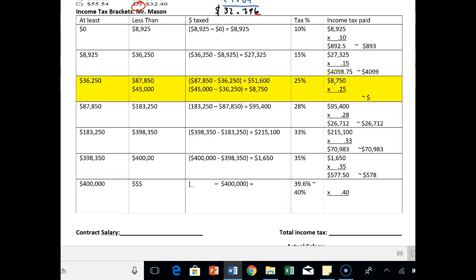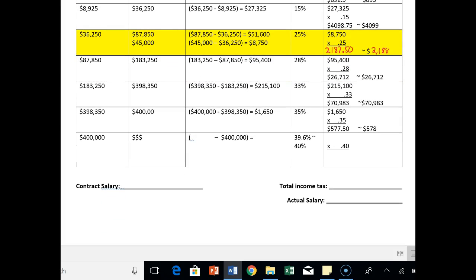I tax that at 25%, and I get $2,187.50. Rounded to the nearest whole number, that's $2,188, right?